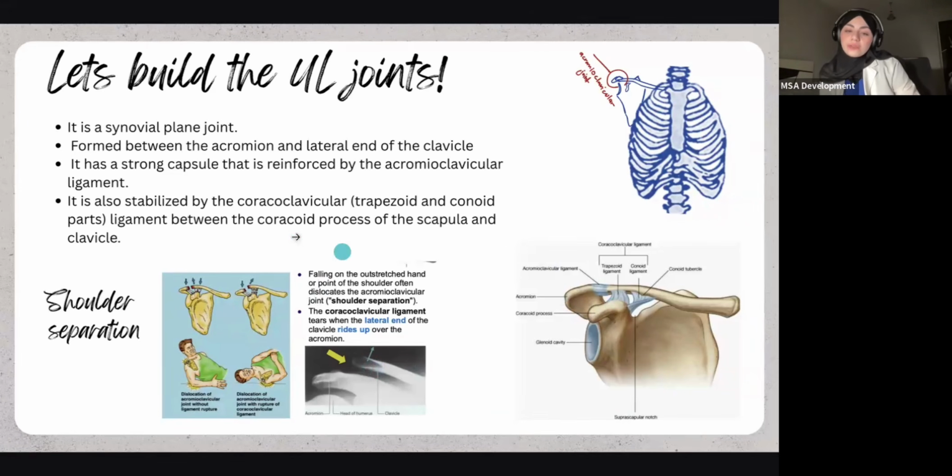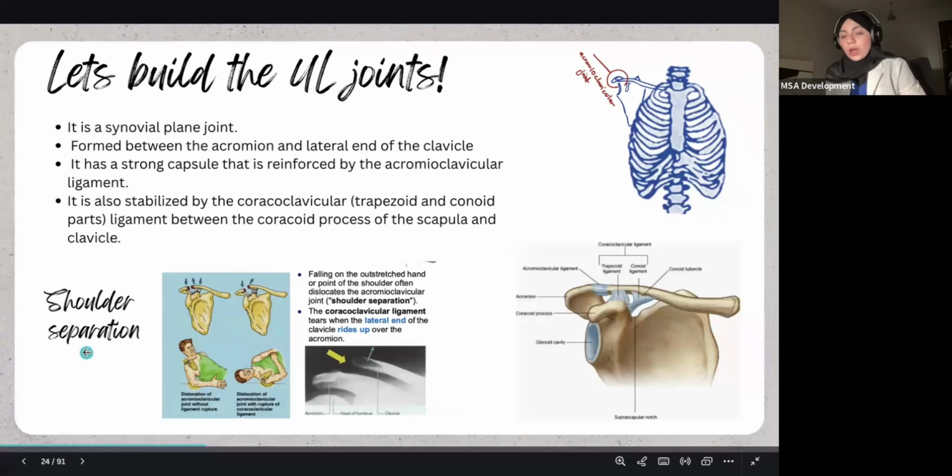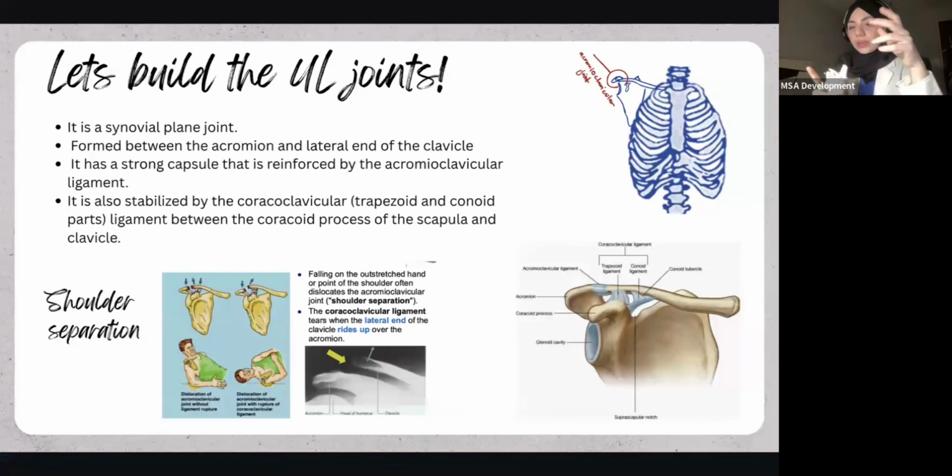Now, what we could have clinically is, depending on how strong the injury is, if a person were to fall directly right here on the acromioclavicular joint, our ligaments could be in trouble. And this is what we call a shoulder separation. Why? Because the thing that contributes to the connection of the axial skeleton and the clavicle to the limb is going to be right here, this acromioclavicular joint. So what will happen is the arm will simply drop.